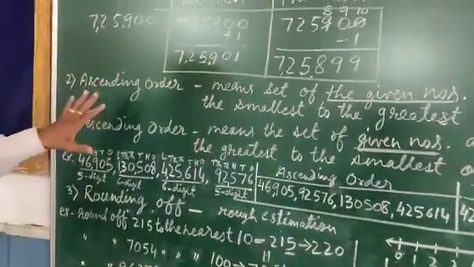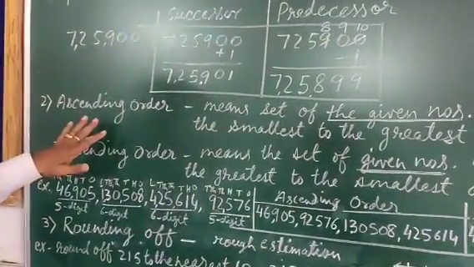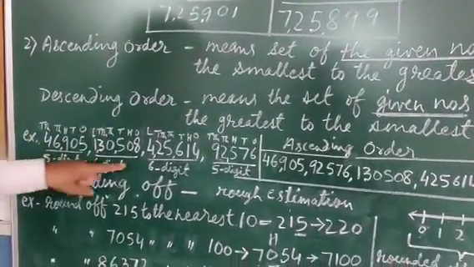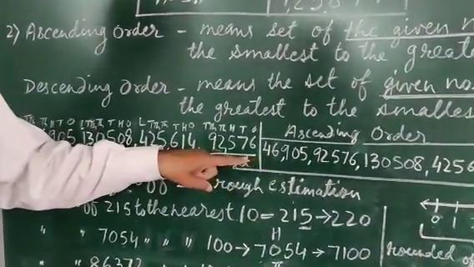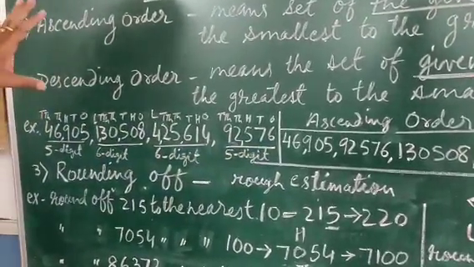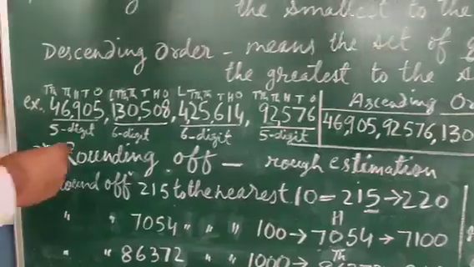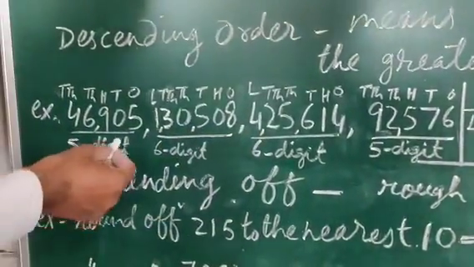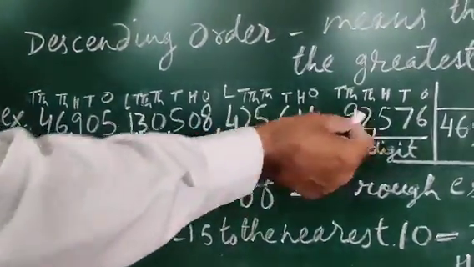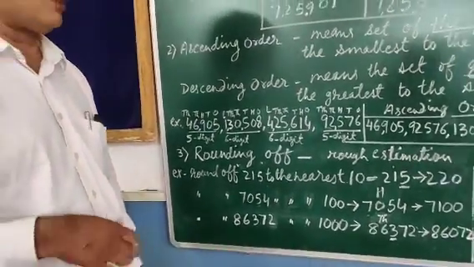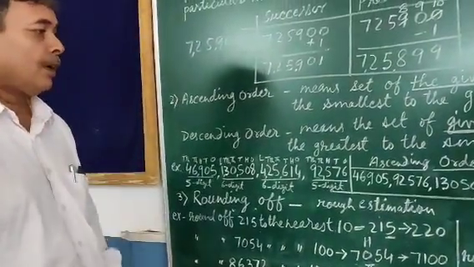Children, to understand how to arrange given numbers in ascending or descending order, I have taken one example. Let us try to learn this with the help of this example. Look here. Here I have taken 4 numbers, but there can be 5 numbers also, 6 numbers also, 7 numbers also.